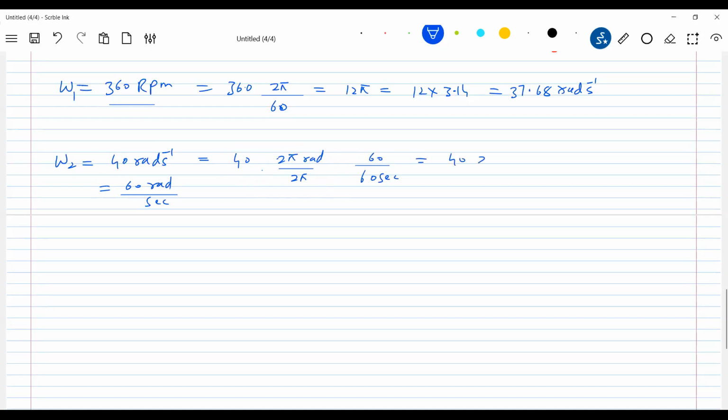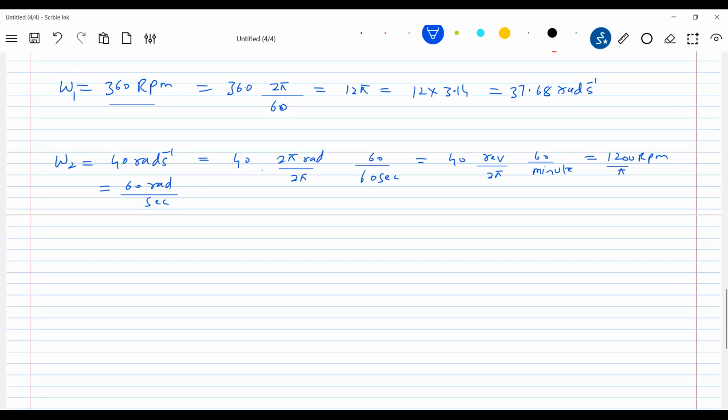So 60 into revolution by 2 pi, and this will be 60 per minute. So now you make it: 1200 pi RPM. So if they give radians per second, you can convert into RPM like this.